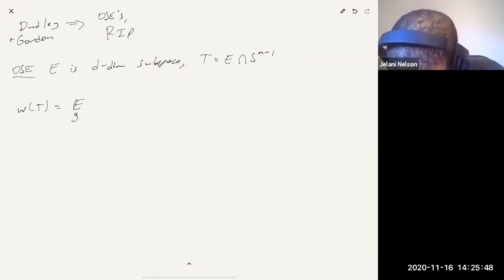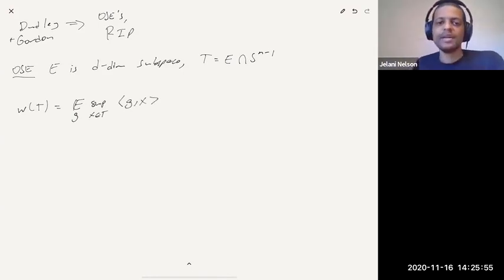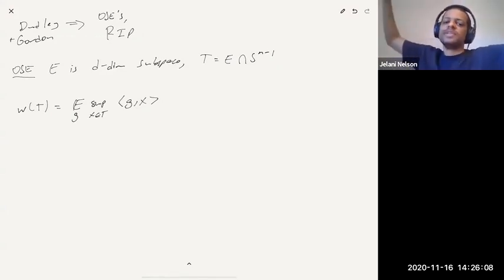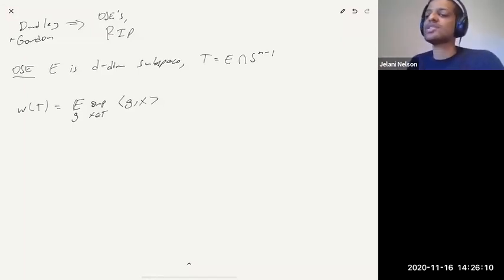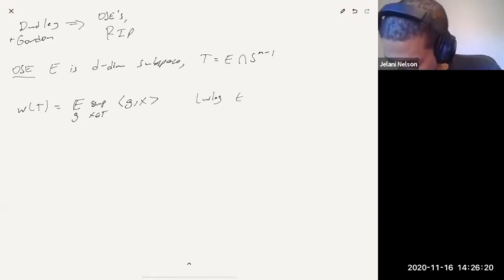This is the expectation over g of the sup over x in T of g dot x. Remember now, the Gaussian distribution is rotationally invariant. So you might as well rotate the whole picture and pretend that the subspace is the span of e_1 up to e_d. Without loss of generality, E is just equal to the span of e_1 up to e_d.